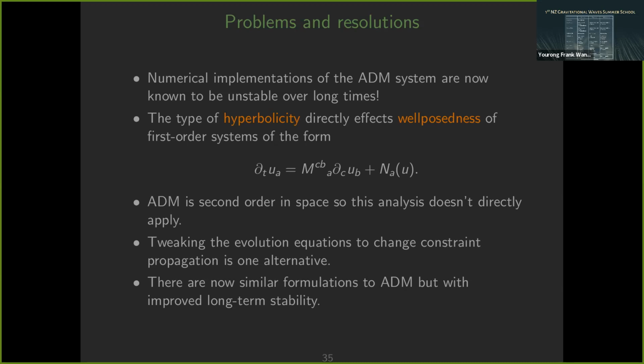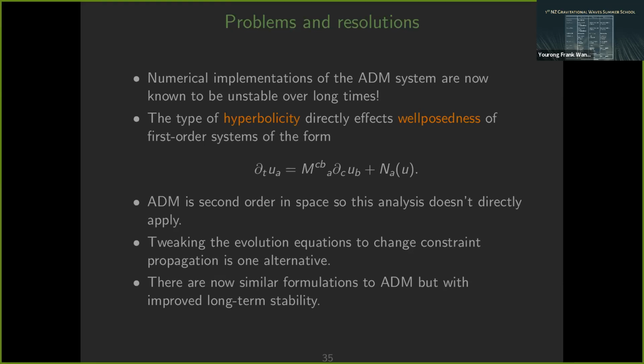For first-order systems, one can look at the hyperbolicity, which is directly related to the well-posedness of the system. That is existence, uniqueness, and small changes in initial data leading to small changes in the solution, and so on. If you had a first-order system like this, an analysis of this matrix, which represents essentially how the spatial derivatives look in your system, leads to the type of hyperbolicity of your system.